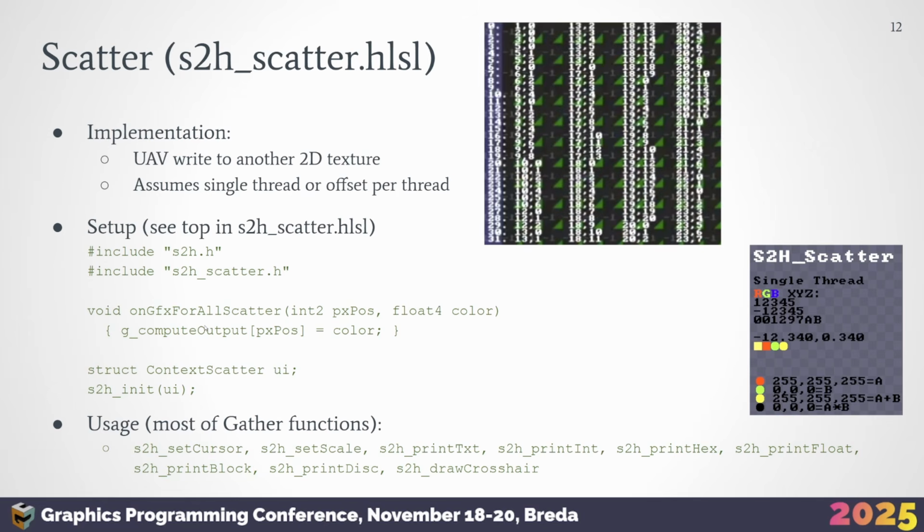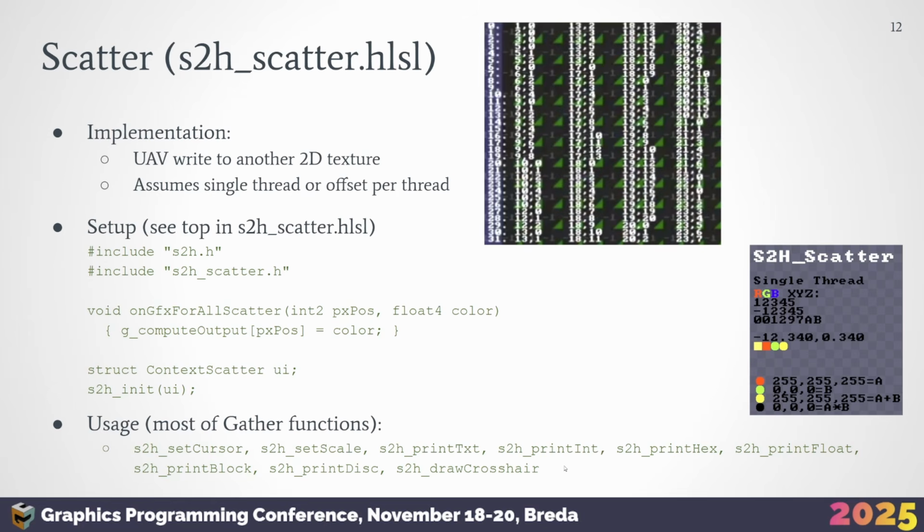And if you have a different shader where you use a different binding, then you can have a different name here as well. So there's functions for that. They look very similar to the gather functions. Like you can still set the cursor and scale and print and all that stuff, but they do more work now because every thread has now to do more work. It prints a whole character, it goes through the whole floating point number and prints out each of those characters.